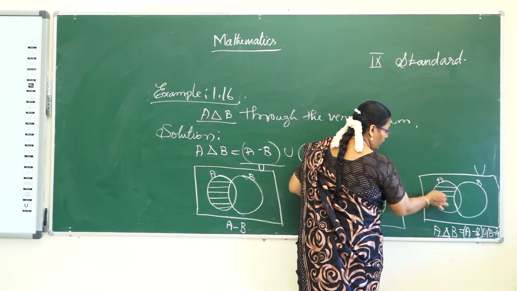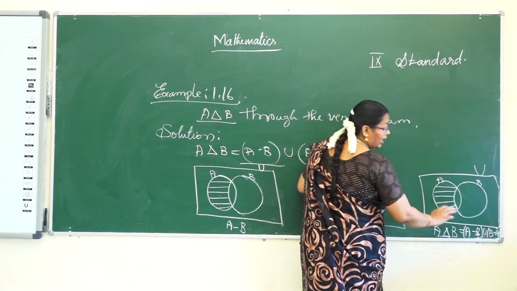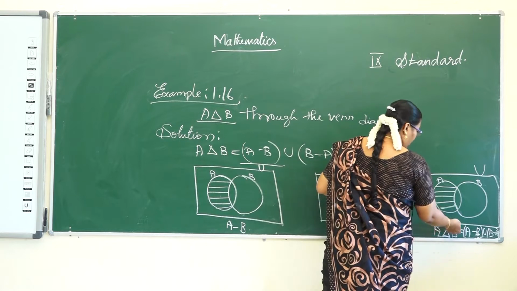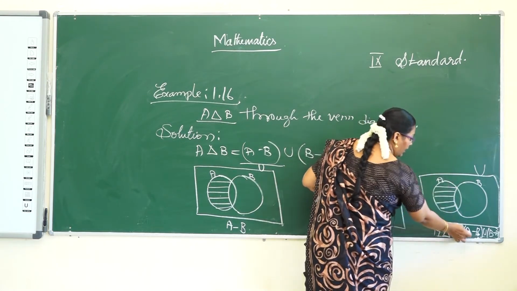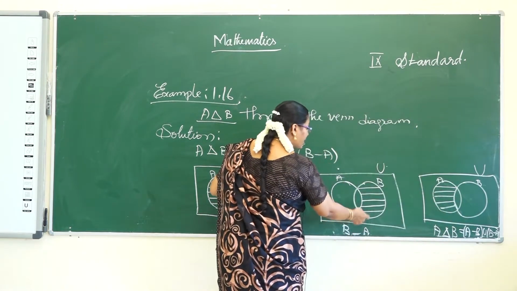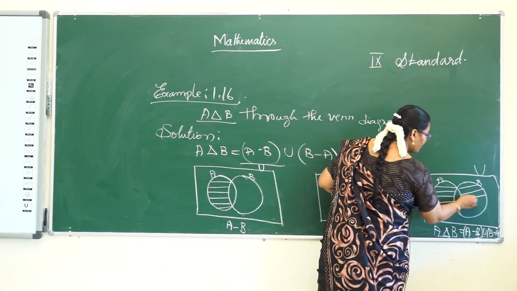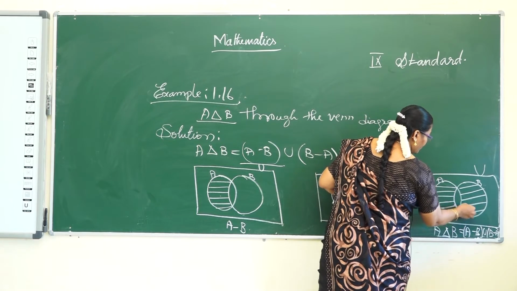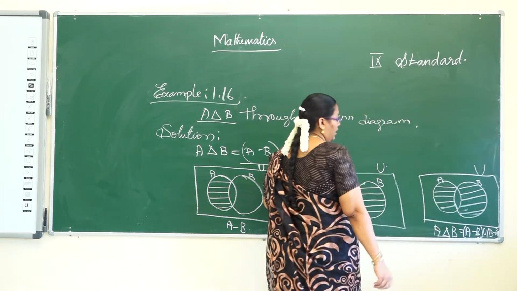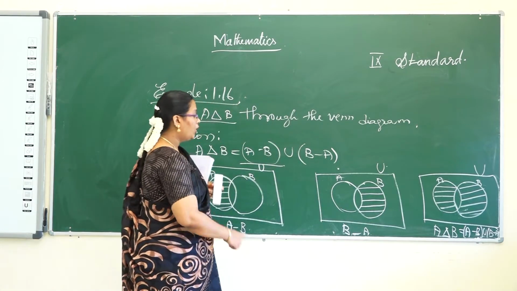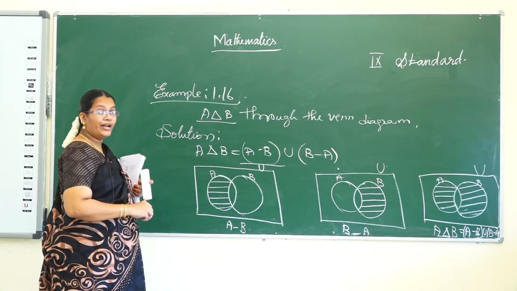Union means join all the elements in A difference B and B difference A. So first join the elements from A difference B, and then B difference A. So this is the Venn diagram for A symmetric difference B. I hope you all understand the Venn diagram for A symmetric difference B.